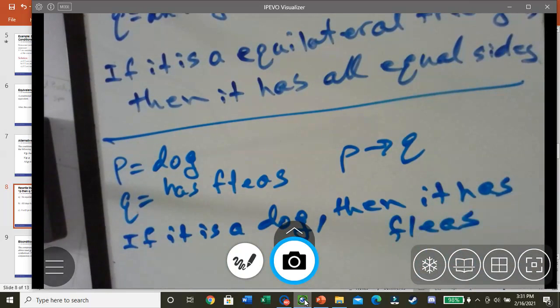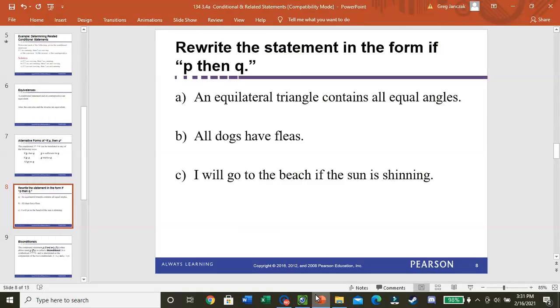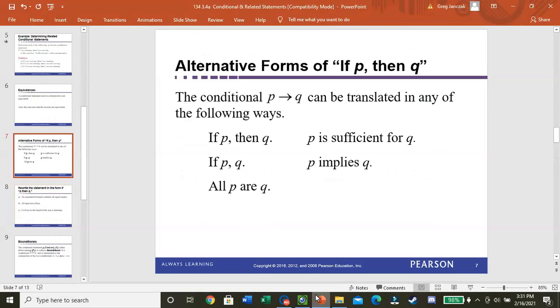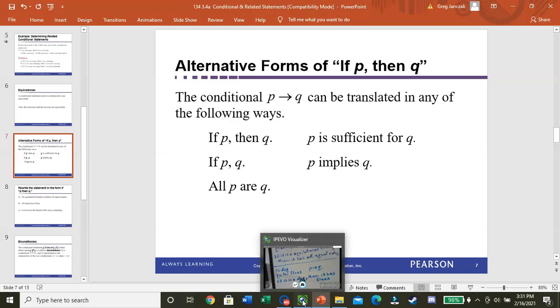And that's where it gets back to all P are Q. If P then Q. Okay, so that's how that works.